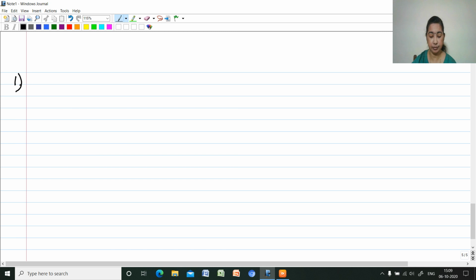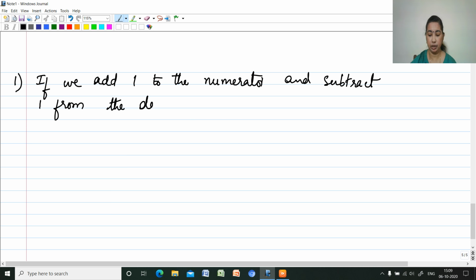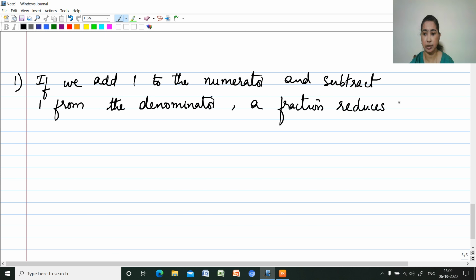In that first question, if we add 1 to the numerator and subtract 1 from the denominator, a fraction reduces to 1.